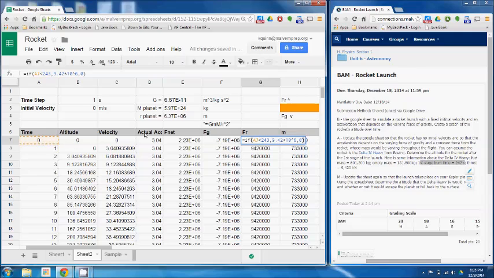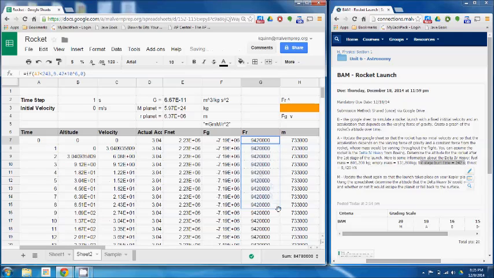So here's your if statement. First thing is check a condition: if the time is less than 243. Second, take this big number here and put it in if that condition's true. Third, take this little number here and put it in if the condition's not true. So I'm going to hit enter, and we're going to drag this formula down, and it doesn't really change anything just yet.